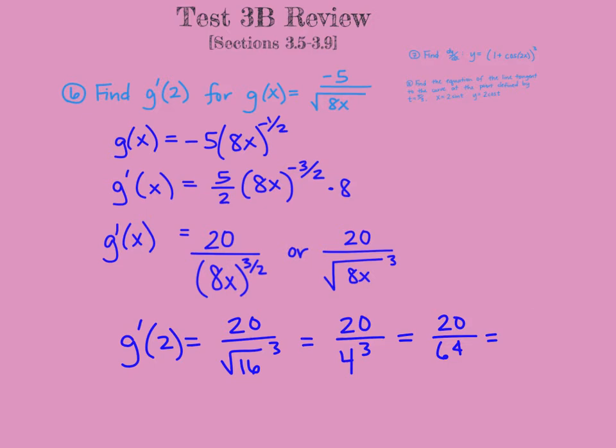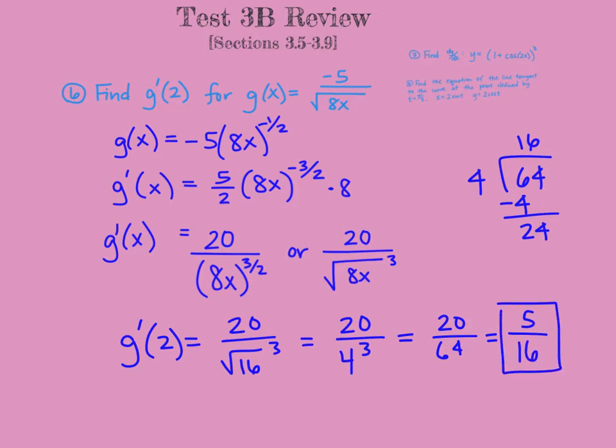So 20 divided by 4 is 5, and 64 divided by 4 is 16. Okay, so our answer is 5 over 16.